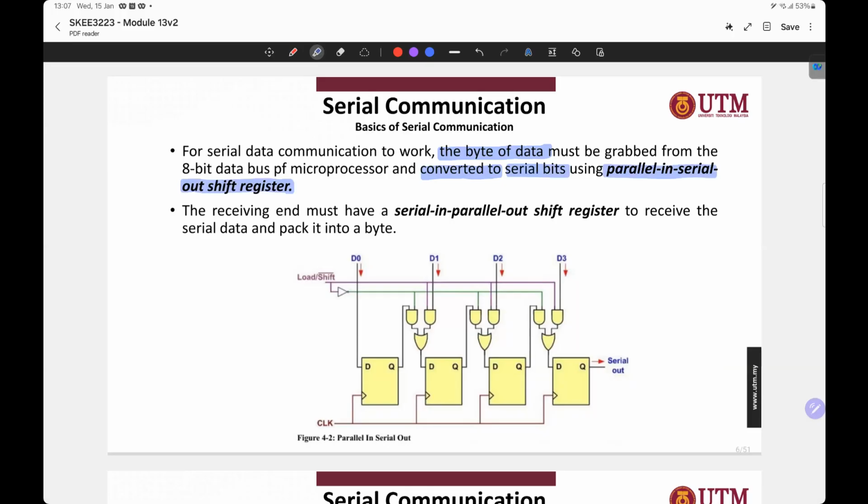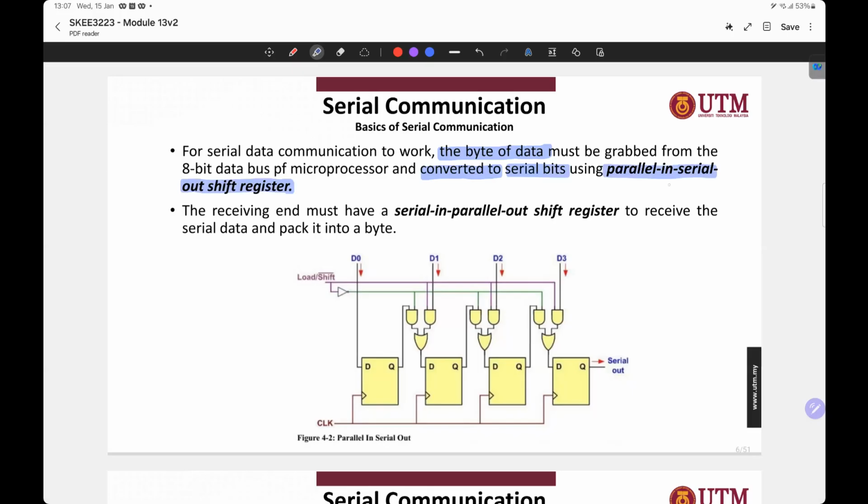Since you have 8-bit data, you need to send it bit by bit, so it is converted to serial bits using the parallel-in serial-out shift register.